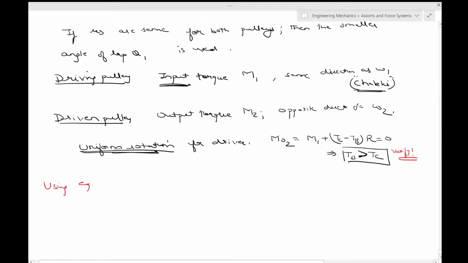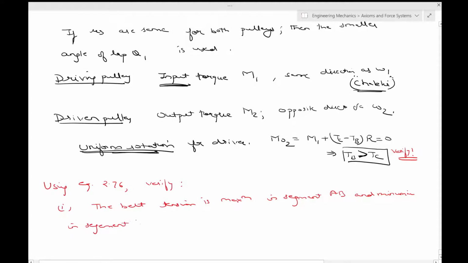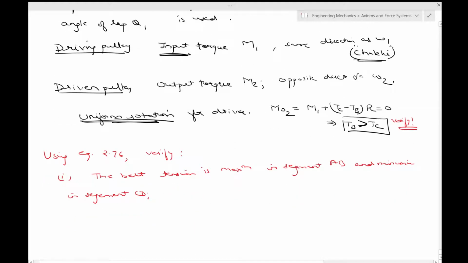Using equation 2.76, verify first that the belt tension is maximum in segment AB and minimum in segment CD.